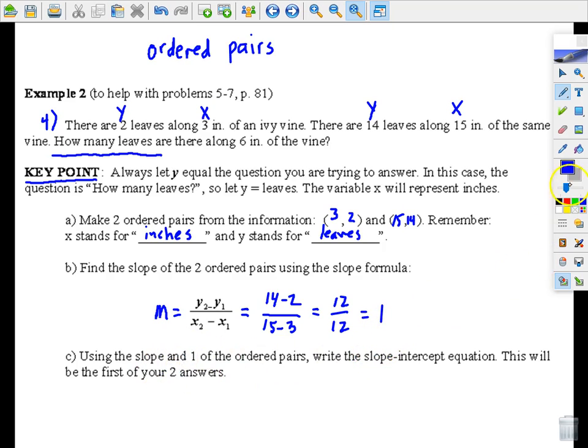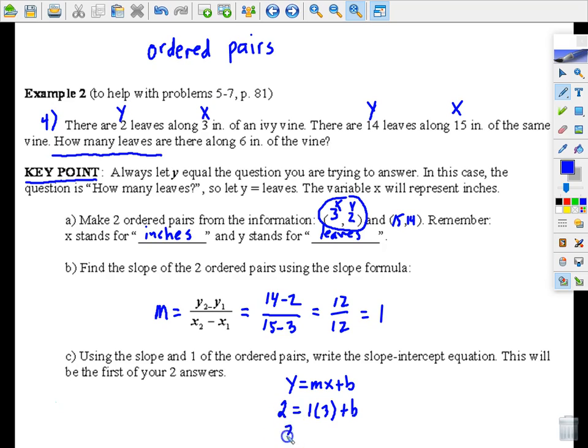So we're progressing using our slope of 1 and just one of the ordered pairs. I'm going to go with the ordered pair 3, 2. Remember, we're plugging into slope-intercept. If I choose the point 3, 2, that tells me to plug in 3 for x and 2 for y. We found the slope earlier.